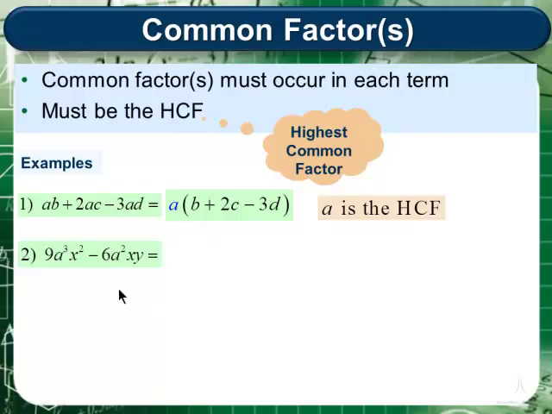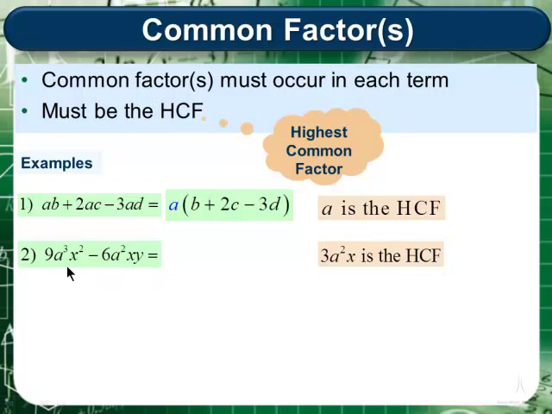Let's have a look at the second example. Here we only have 2 terms in the expression, but we do notice that in this case 3a squared x is the highest common factor. In other words, this particular factor occurs with each one of the terms.